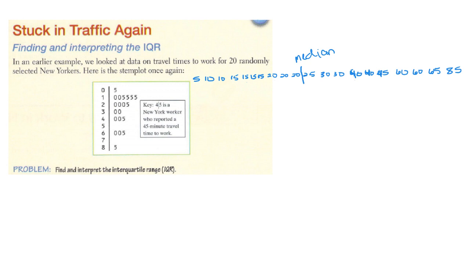So when I'm looking at all of my points to the left here, I have to include that 20. And when I look at all of these points to the right here, I include that 25. So my Q1 is going to fall right between these two 15s. So my Q1 would be 15. Right, because I have 1, 2, 3, 4, 5. 1, 2, 3, 4, 5. So 15, 15.